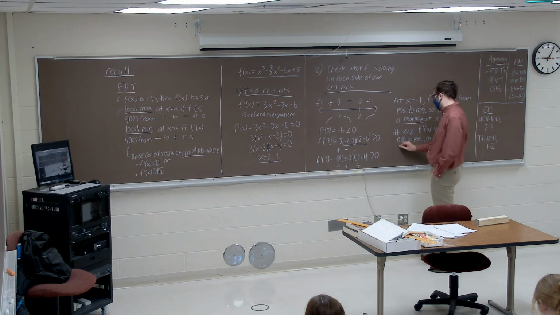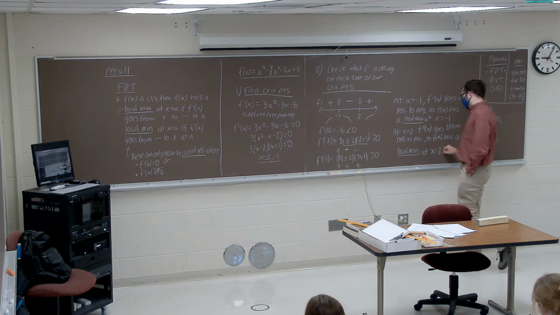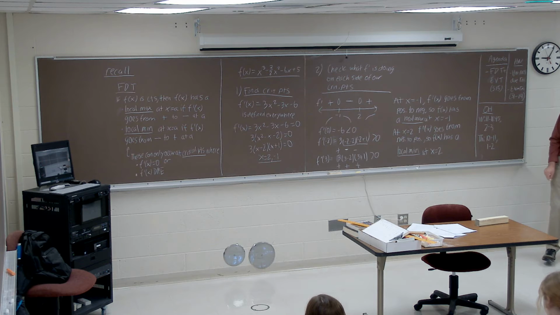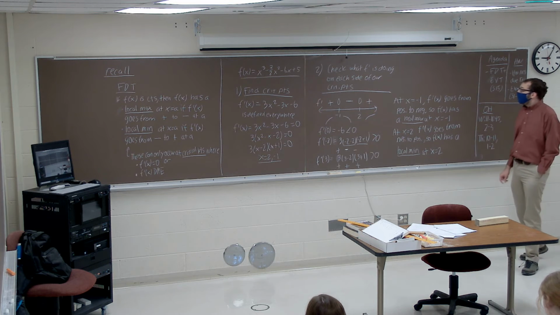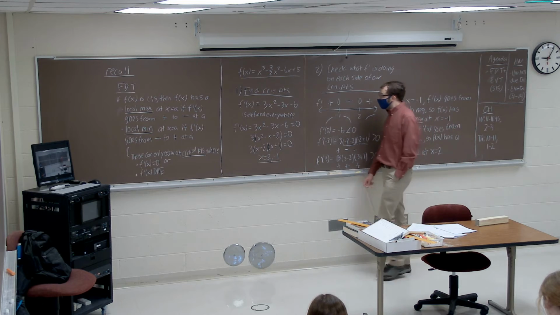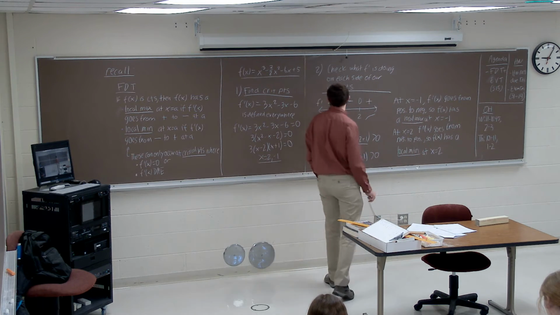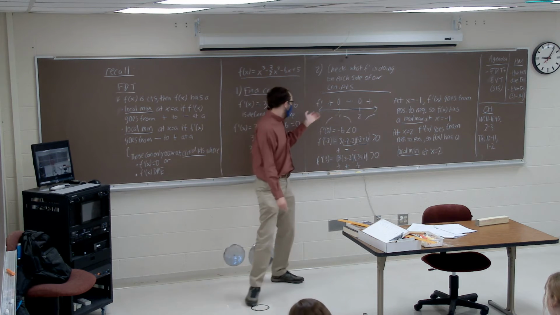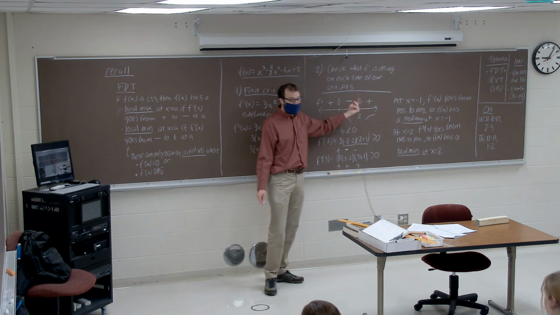So f of x has a local min at x equals 2. So the moral of the story is, once you know where your critical points are, you can find what f prime is doing on each side of all of those critical points.